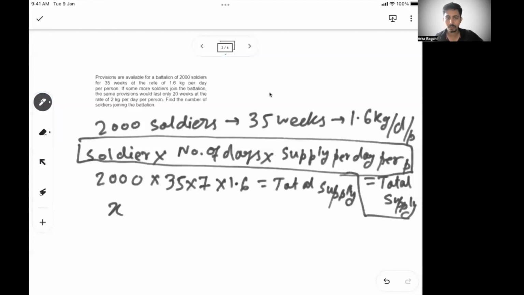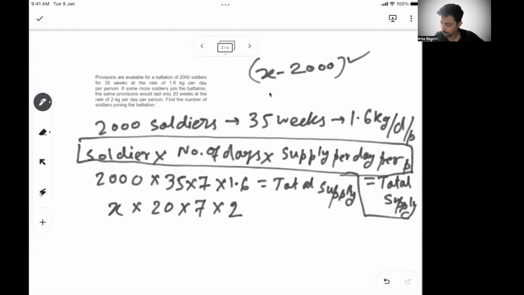What I need to find out is the value of X minus 2000. That will tell me how many new soldiers have joined. So X, it lasted for 20 weeks, 20 into 7 into 2. So this is also the total supply, 2 kgs per day per person.